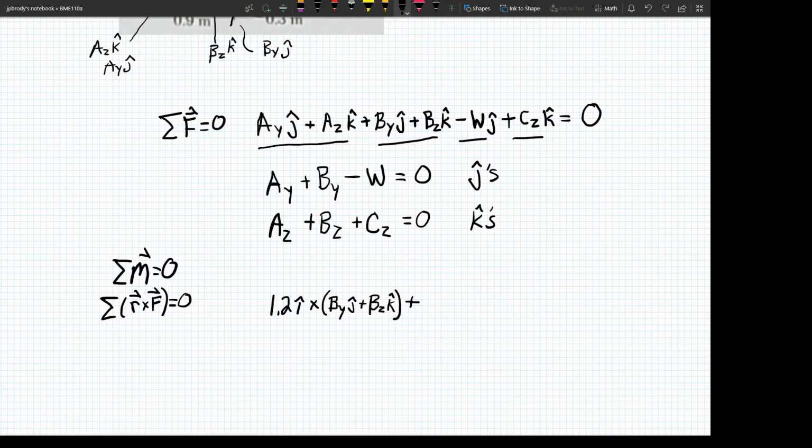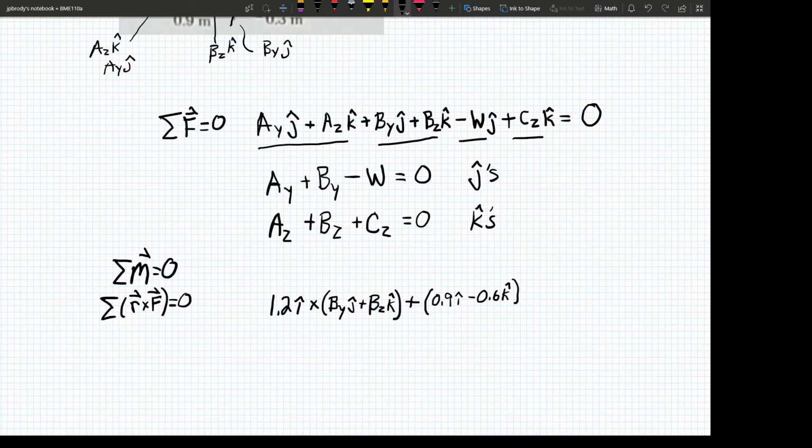So here I'm going to write the R vector from the origin to that point D. And this R vector is 0.9 in the i hat direction, and then minus 0.6 in the k hat direction.